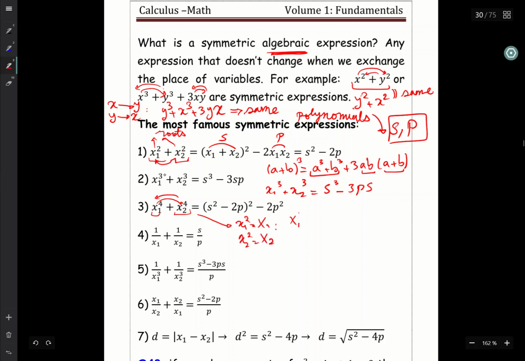Therefore, we end up with capital X1 squared plus capital X2 squared, which is (X1 plus X2) squared minus 2 X1 X2. But X1 plus X2 is already in the first item that we discussed, so this becomes s squared minus 2p. So we end up with (s squared minus 2p) squared minus 2p squared.